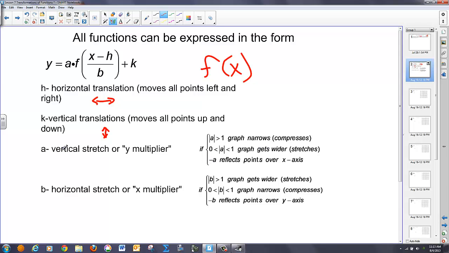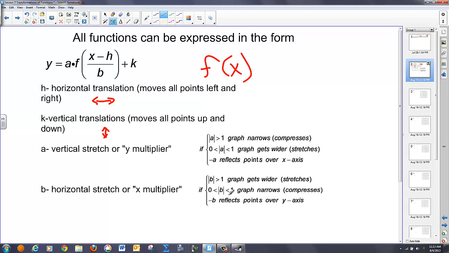If we take and pop a negative in front of that A, it's going to reflect over the x-axis because it multiplies the y by a negative. And likewise, if I have a b value that is greater than 1, it's going to make the graph wider, stretches it out because I'm multiplying the x value by a number greater than 1.